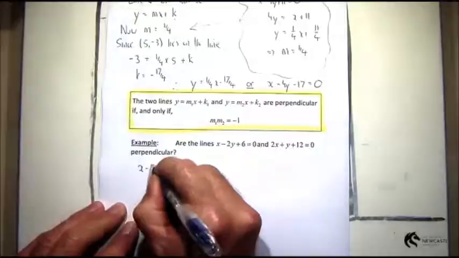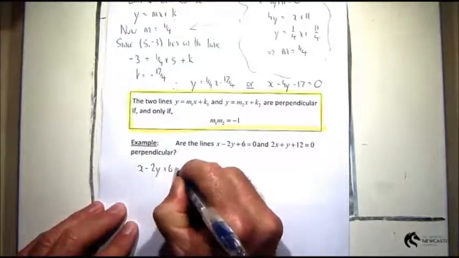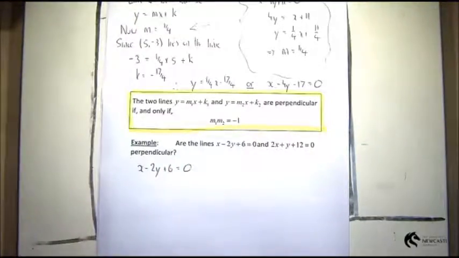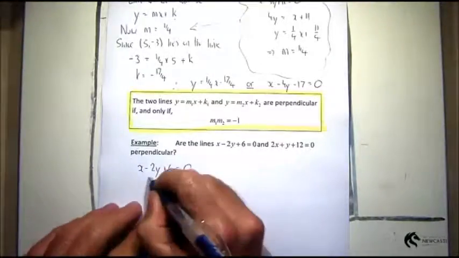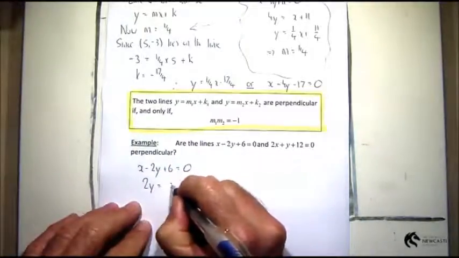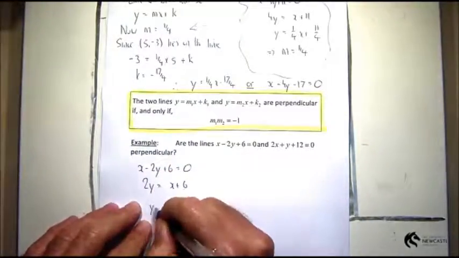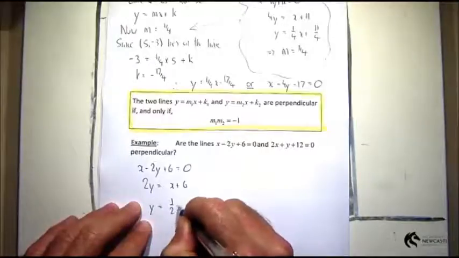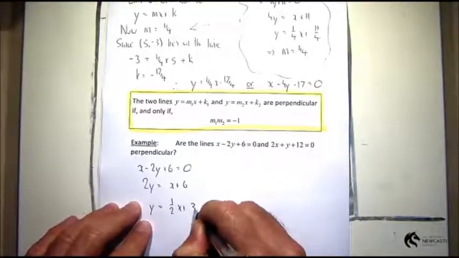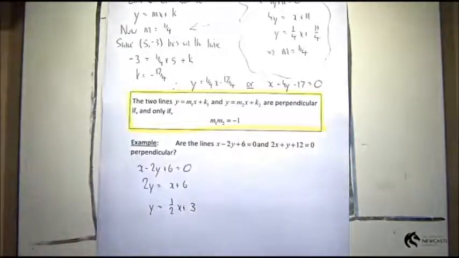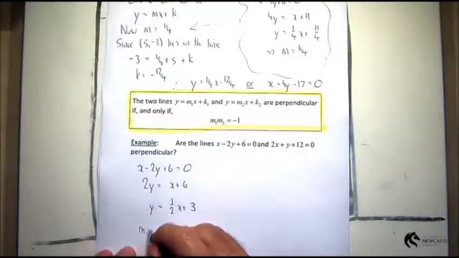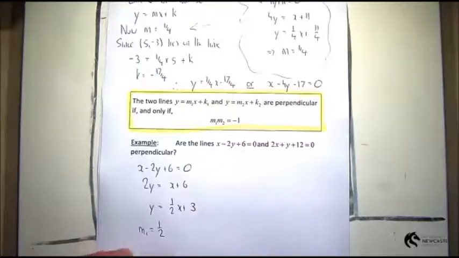I've got x minus 2y plus 6 is equal to 0. To work out the slope, probably the easiest way is to put it into gradient intercept form. So this will say 2y is equal to x plus 6. So y is equal to 1/2 x plus 3. So the slope of this line is the coefficient of the x, so m1 is 1/2 in that case.